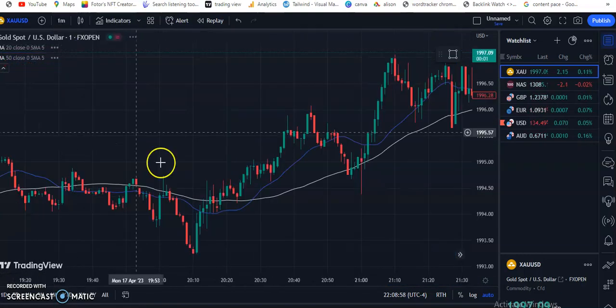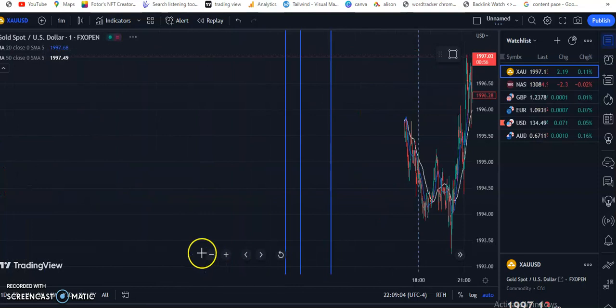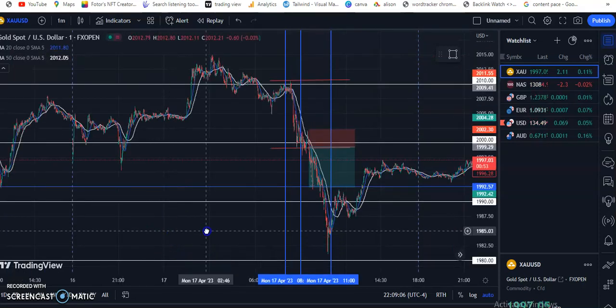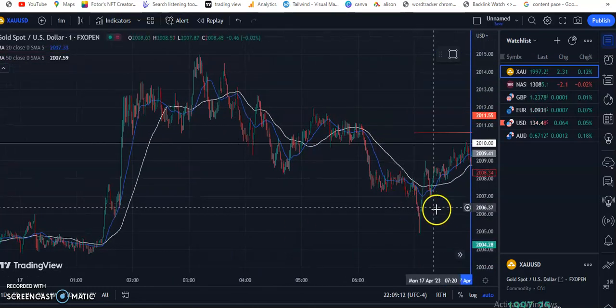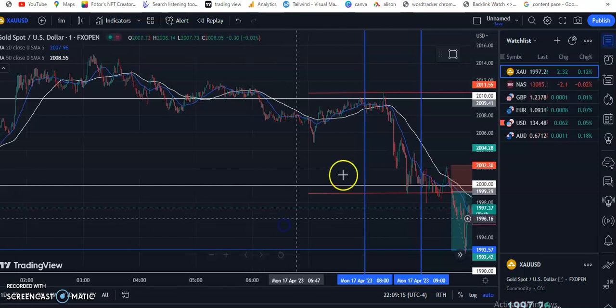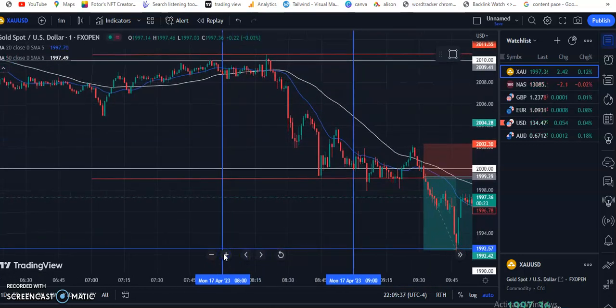At 9:30, because 9:30 likes to stop hunt and trick people, I'm using the 20 and the 50 SMAs because I already know the direction. I already know this is a broken down market. All I'm waiting for is the price to come back to these moving averages to give me a directional entry.